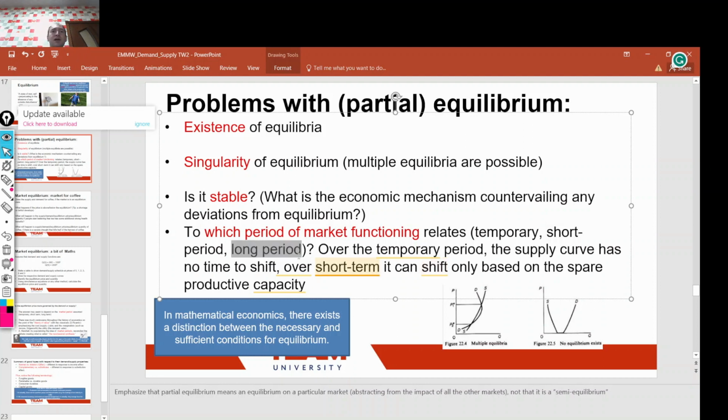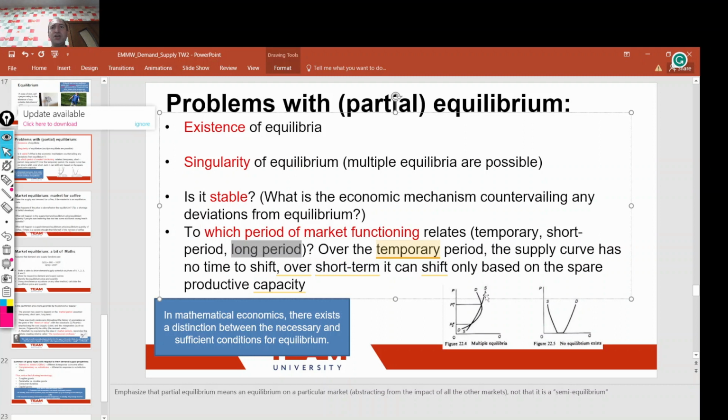Over the long term, the supply curve can adjust in a variety of ways to changes in demand, so it's very flexible. The longer the time frame allowed for analysis, the more flexible your supply curve.